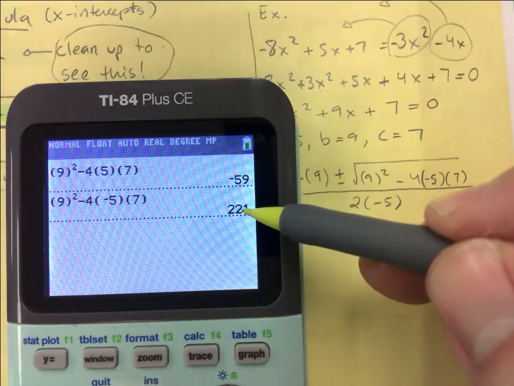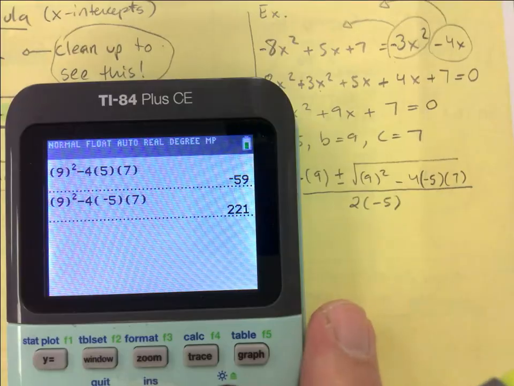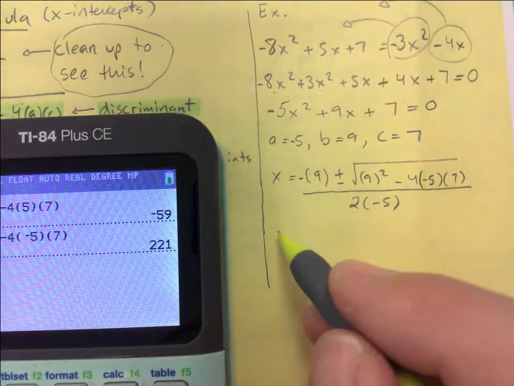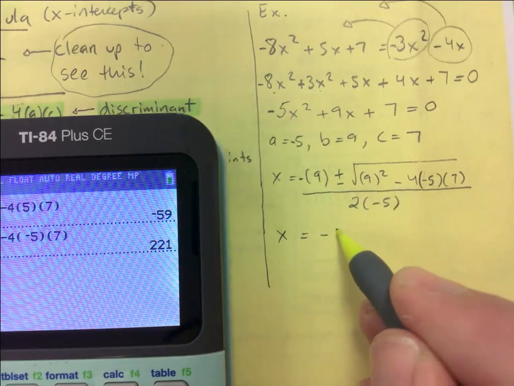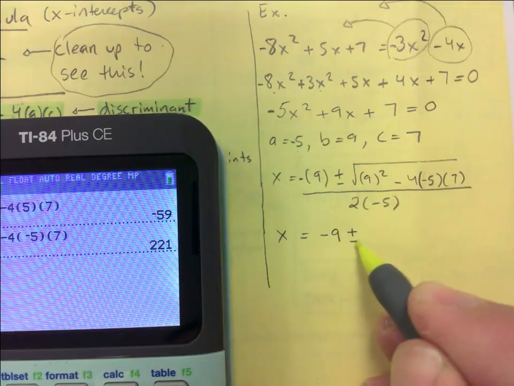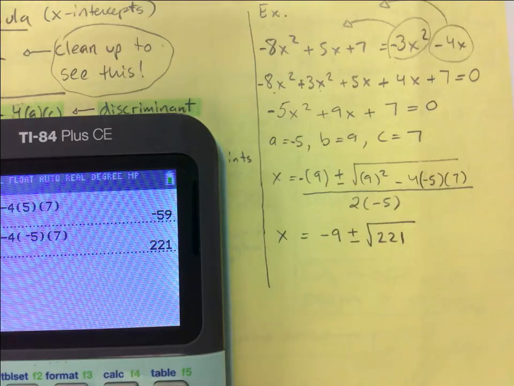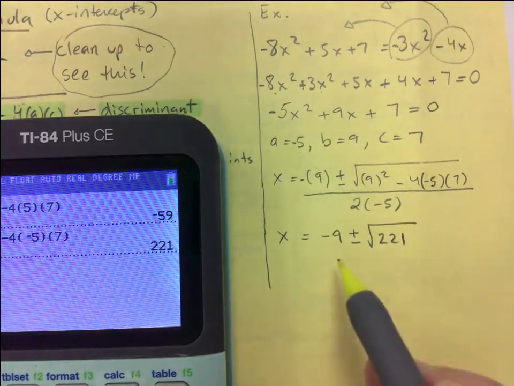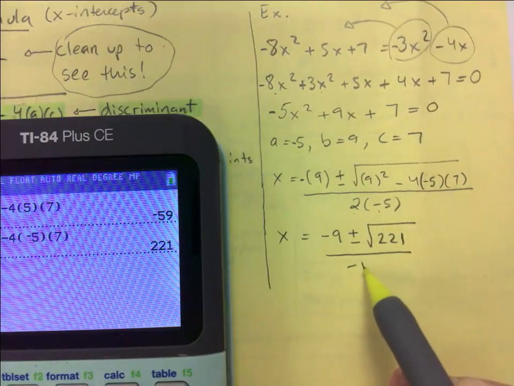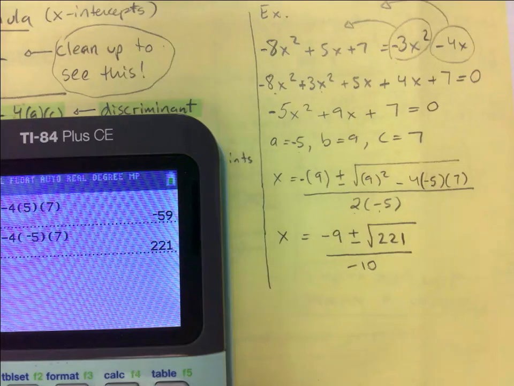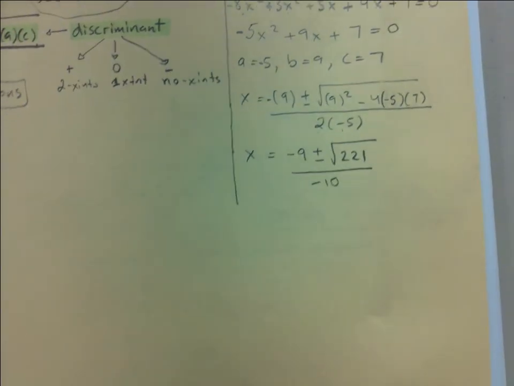That gives me 221. So the discriminant is positive, so I know I have 2 x-intercepts, and this is 221. So this is how this cleans up, watch. X equals negative times 9 is just negative 9, plus or minus root of 221. Cleans up pretty nicely. Divided by 2 times negative 5 is negative 10. Some of you are wondering what's up with that plus or minus thing here.